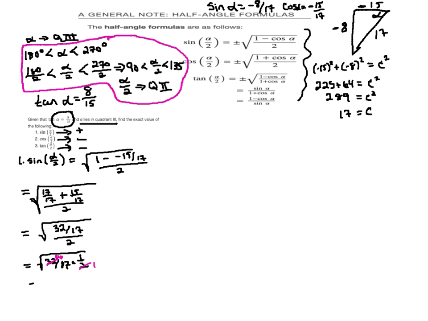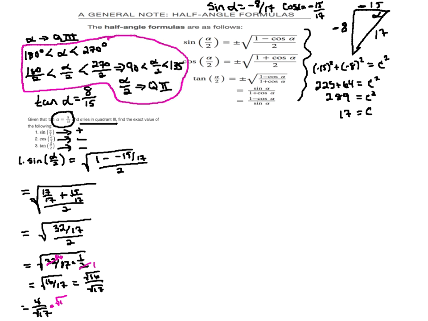So what I have here is the square root of 16/17, which is the same thing as the square root of 16 over the square root of 17, which is the same thing as 4 over the square root of 17. Can't leave that square root of 17 in the denominator.